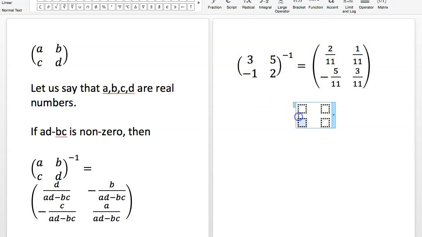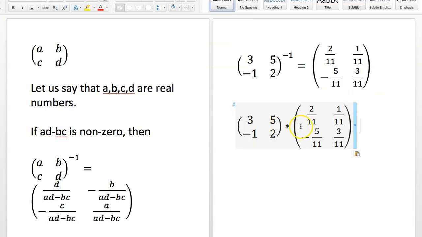So I've got 3, 5, neg 1, 2, and then I multiply that by it. Now I claim that these are commutative. Remember, matrices don't have to be commutative at all, but inverses always will be. But there's something even nicer than that. They multiply to the identity 1, 0, 0, 1. We will get that if you multiply these out, row by column.